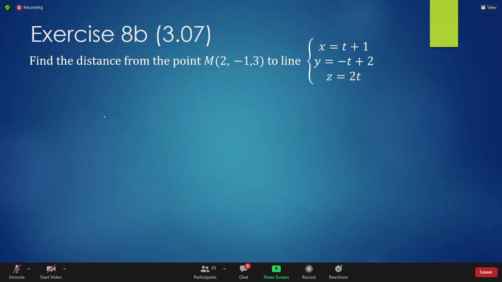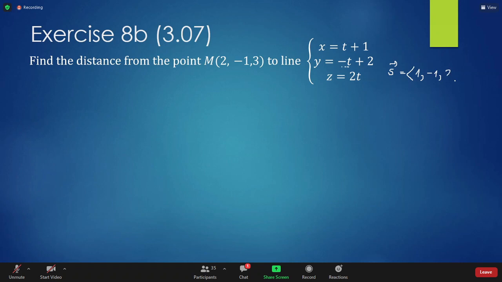Okay, let's try it. The line is given parametrically, which means the direction vector of this line is the vector of coefficients at t. So 1t means we have 1, minus 1t we have minus 1, 2t we have 2. Please do not be deceived by the reverse order.